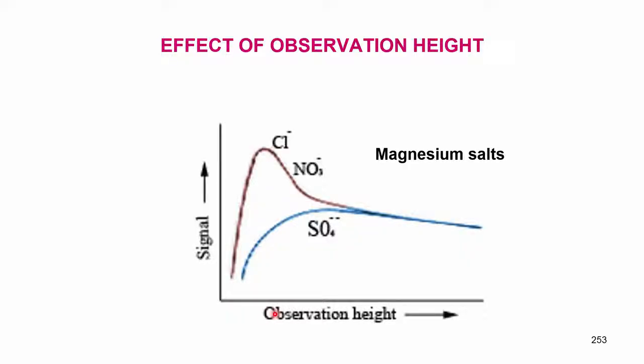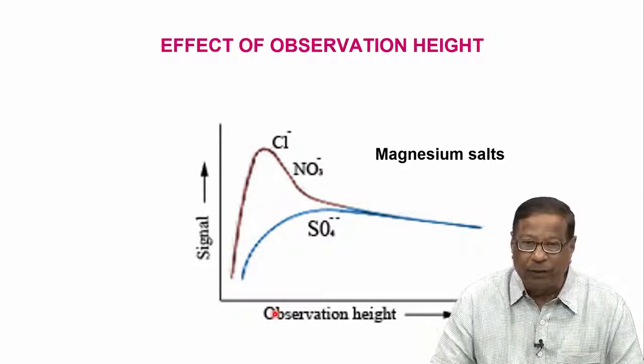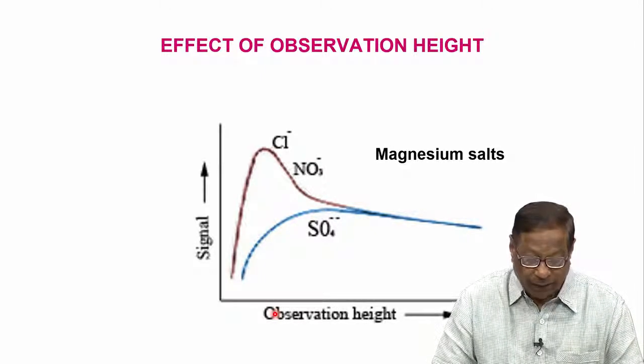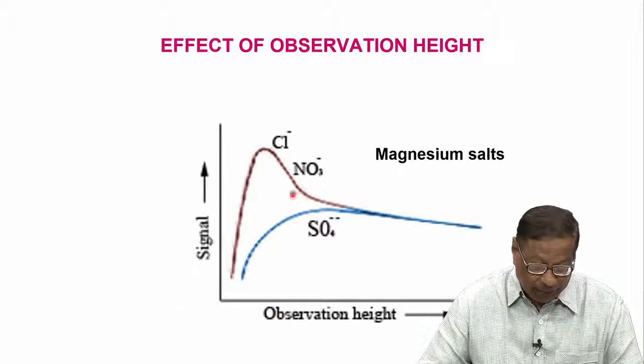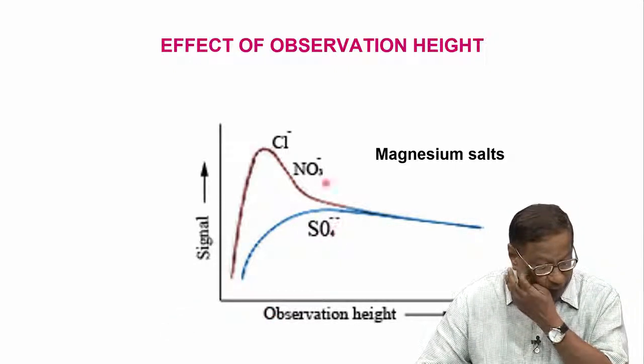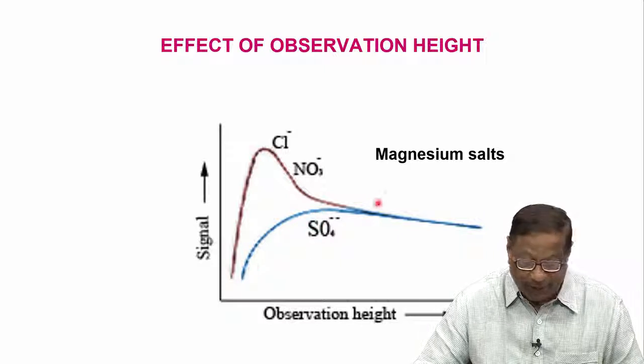observation height. Now, earlier I had given you for chromium, magnesium and silver. Now, I am giving you an observation height effect for chloride, nitrate and sulphate. These are all magnesium salts.